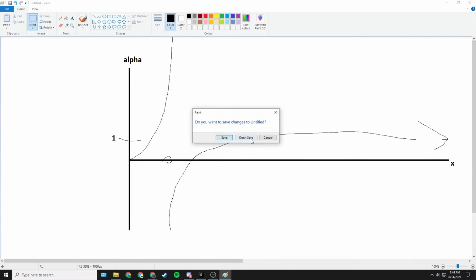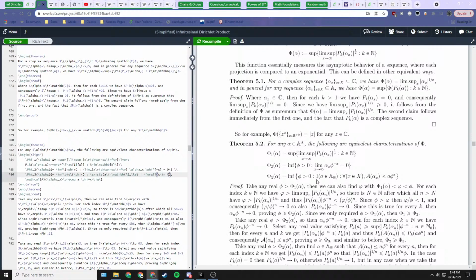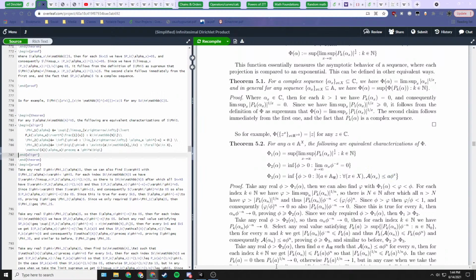Essentially the idea behind this third characterization is basically just big O notation. So we can actually fix this quite easily. Instead of saying there exists an A and R such that for all x this is true, we could say there exists an A and also some x0 such that for all x greater than x0 we have this thing.